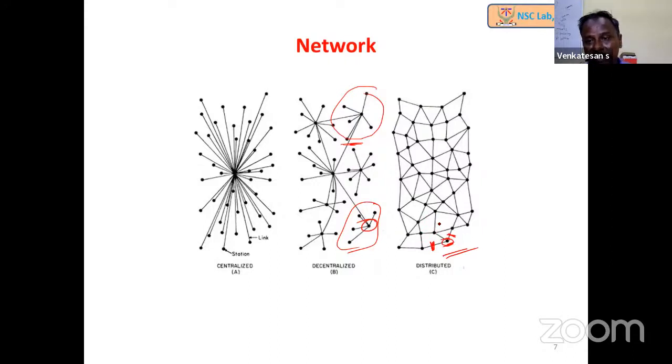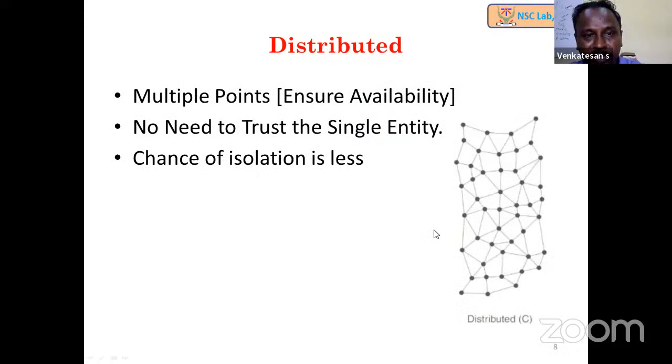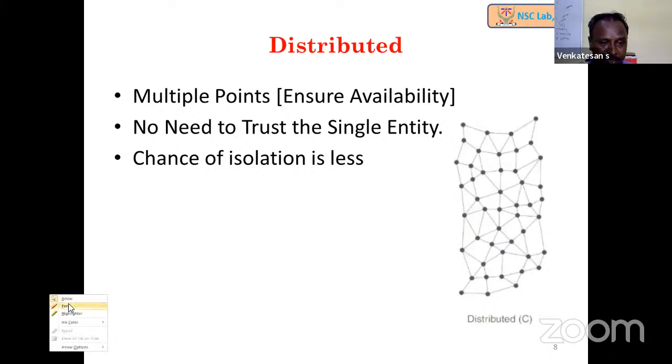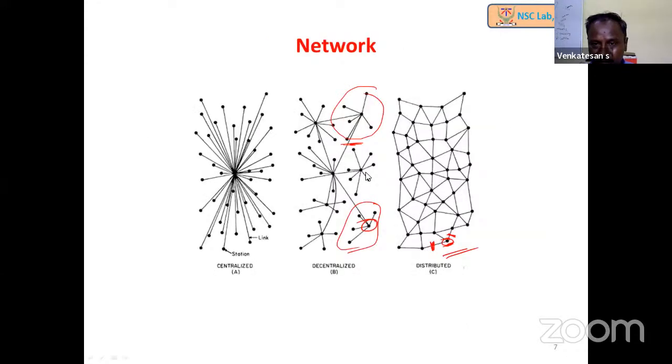So this is the advantage when we are going for the distributed connection or distributed network. Because it is connected in that format, we always ensure the availability, that is, we are part of the network, and no need to trust the single entity. Because if we see in this, these nodes should connect to this node, and all of them have to trust this.